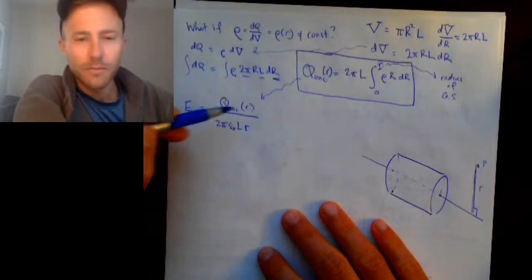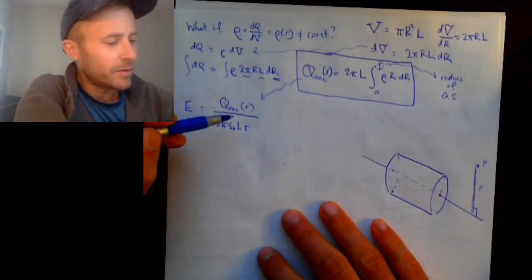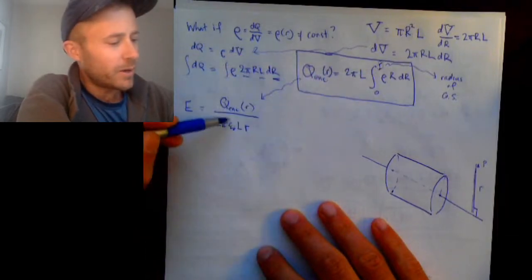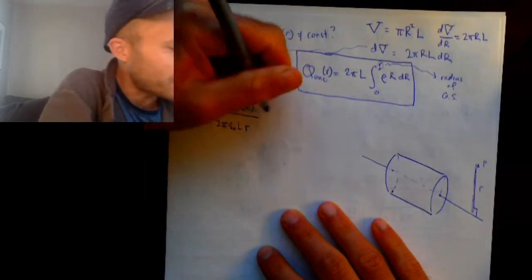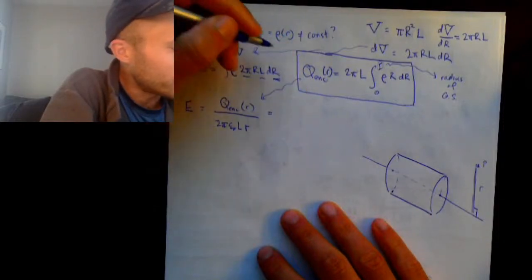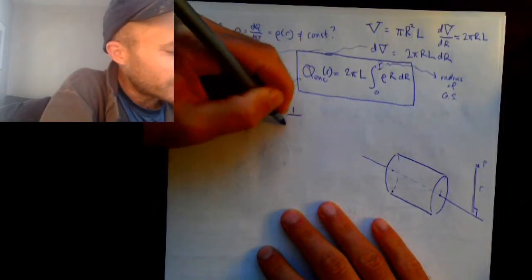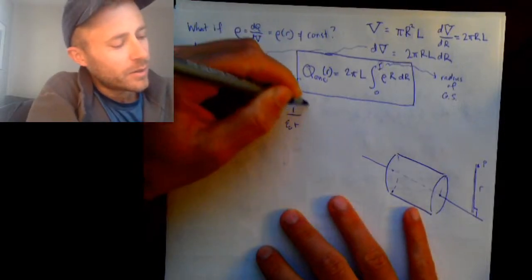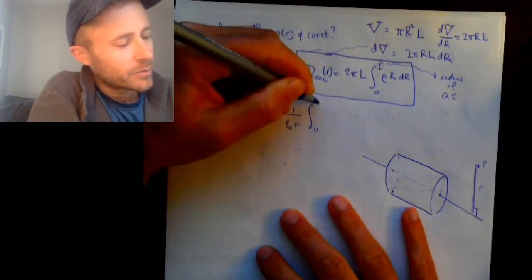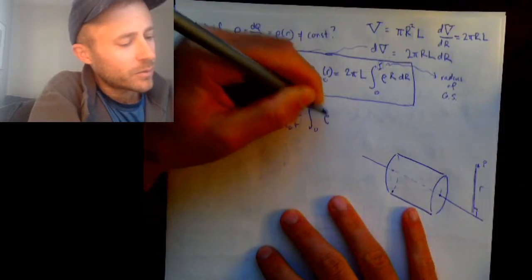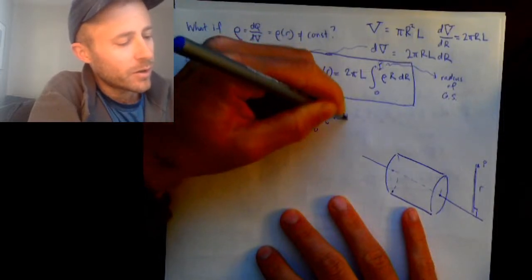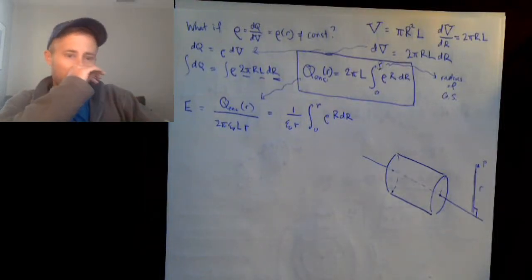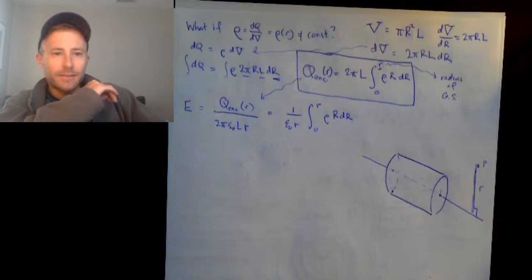And I'll go even further. See how we have 2 pi L here and we have 2 pi L here, so those cancel out, and we just get 1 over epsilon naught times r times the integral from 0 to r of rho times big R d big R. So that's nice.